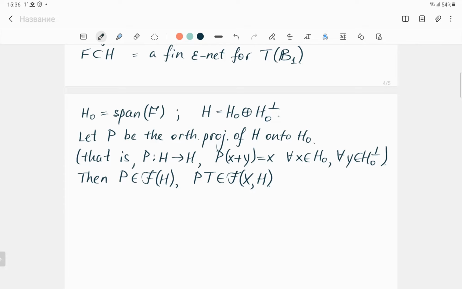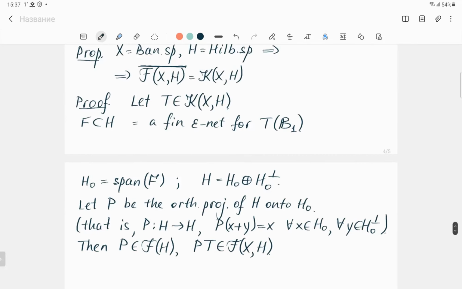I don't understand. Isn't H0 an infinite rank subspace? A finite dimensional. Well, look, F is a finite epsilon net. So F is a finite set. Okay, thank you. F is a finite set. And we take the linear span of F. So H0 is finite dimensional. Oh, here are two different Fs. One is for a net and the other for the space of finite rank operators.